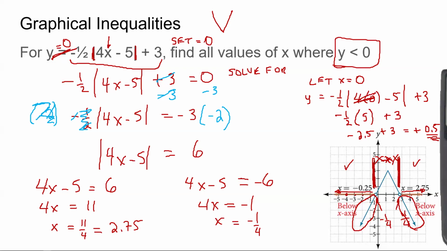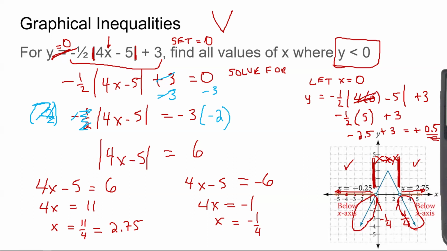So that's that. The last thing to say here is notice that they did not include those numbers right there because they would be exactly 3 here. And we didn't have a less than or equal to. We want the ones where they're less than. So it's going to go all the way up to it, but not there.